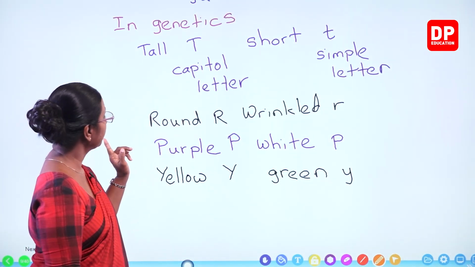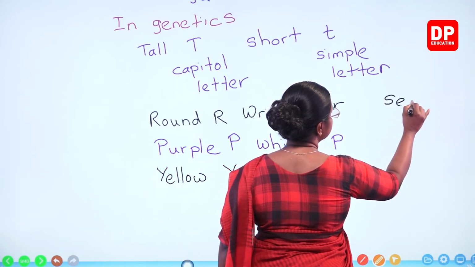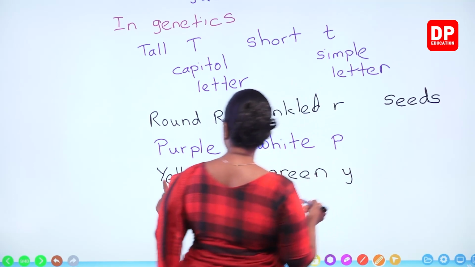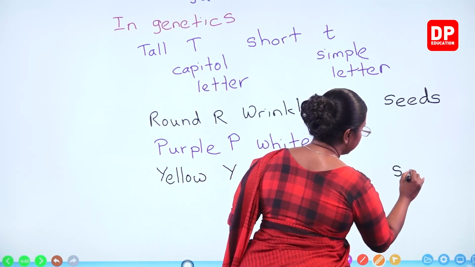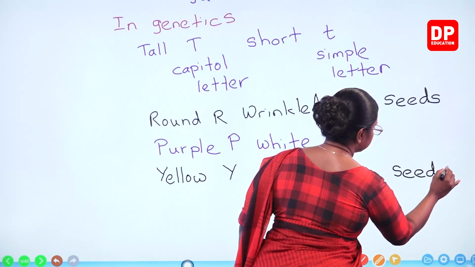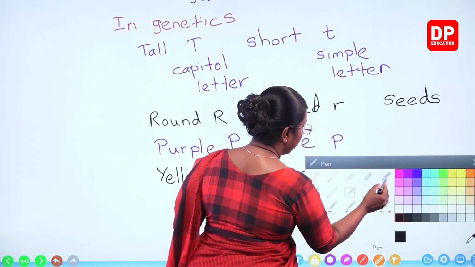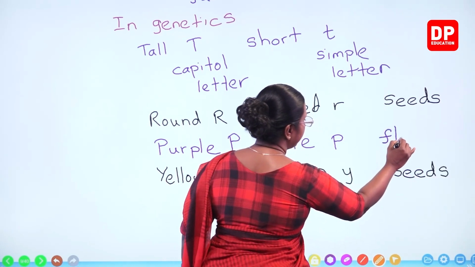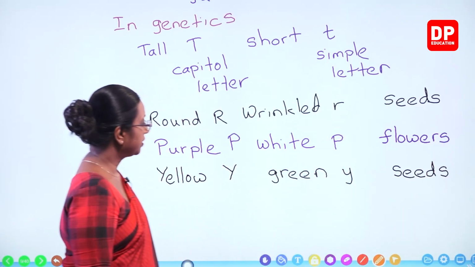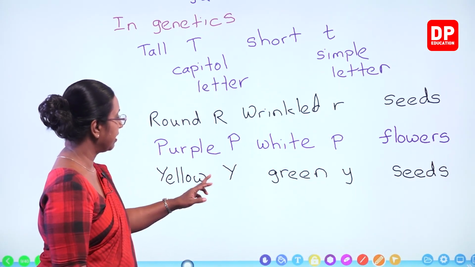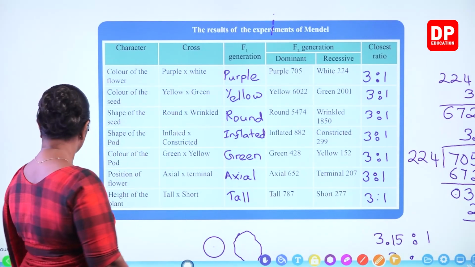So tall and short plants, round and wrinkle, this is for the seeds. Then here yellow and green is for, again, seeds. Purple and white for the flowers. So just for you all to understand, yellow and green, just to again confirm, here you can see yellow and green seeds.